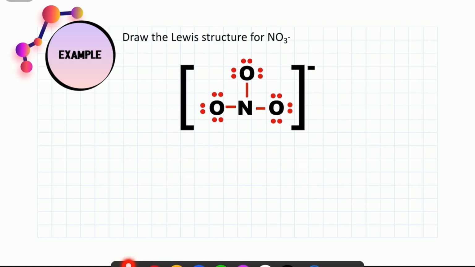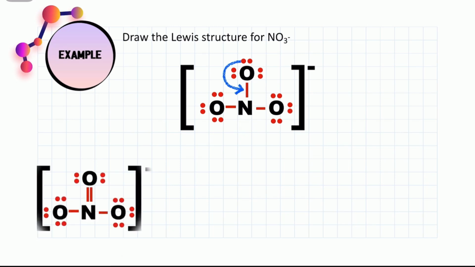Okay, let's draw the Lewis structure for the NO3 minus. So this is a Lewis structure for the NO3 minus. You can see that all the oxygens are octet, but nitrogen is not octet. So how to make it octet? All the oxygens will share a lone pair of electrons to form a bond. For example, this oxygen shares its lone pair and forms the first structure.